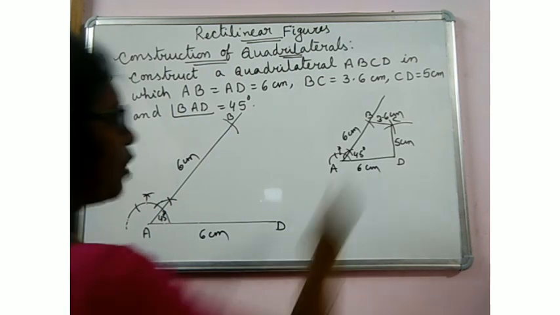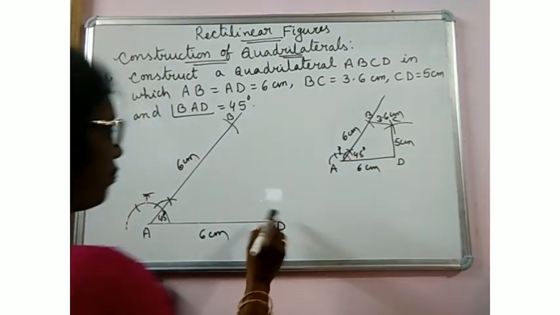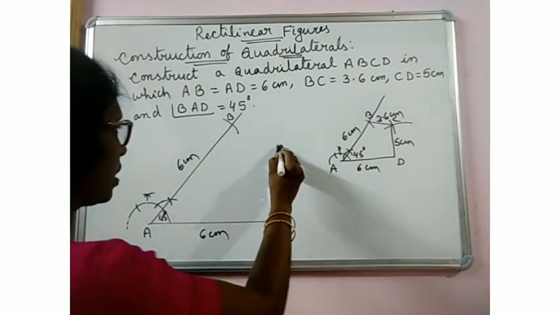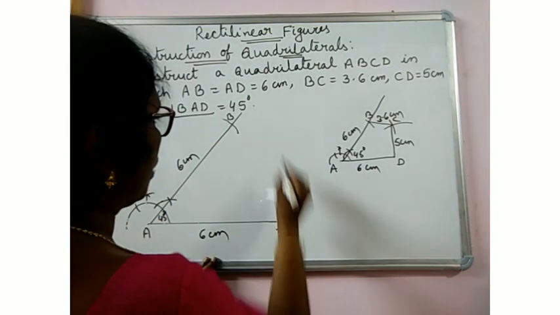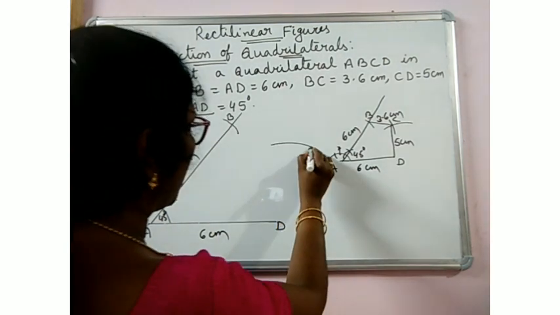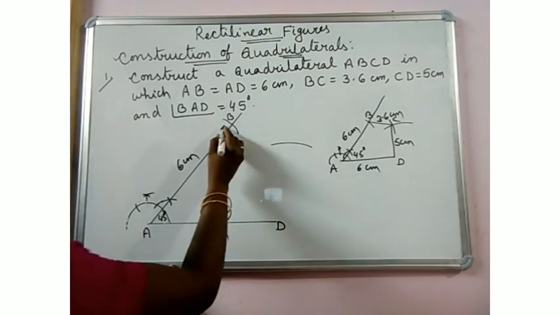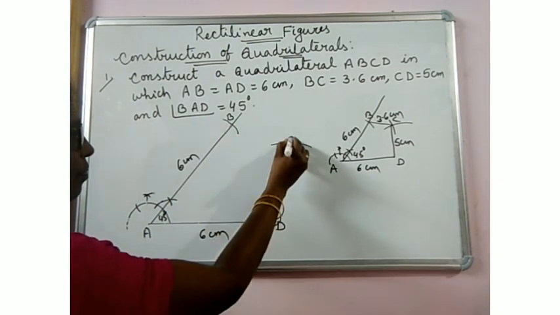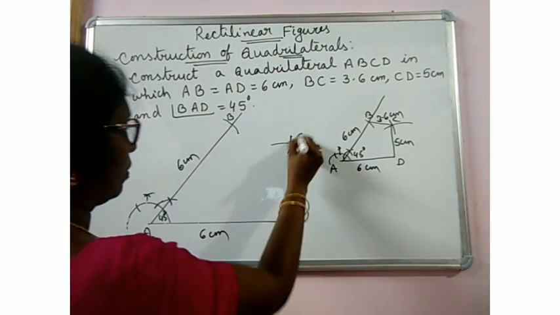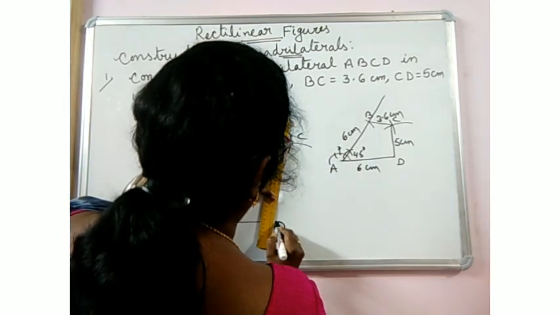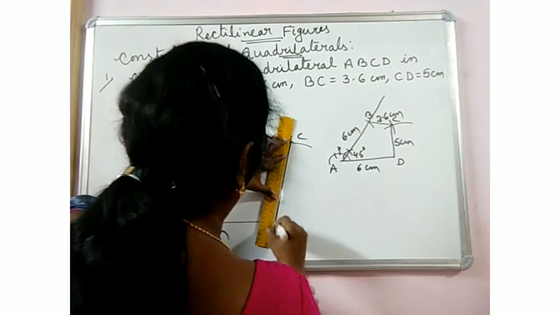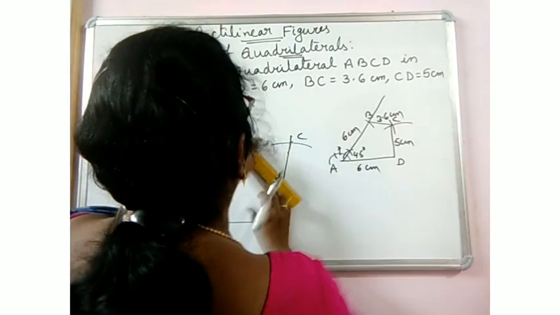Now CD is 5 cm. From D to C is 5 cm, so more or less you are going to get C somewhere here with a 5 cm arc. And B to C is 3.6 cm from here to here. Now join CD and also BC.